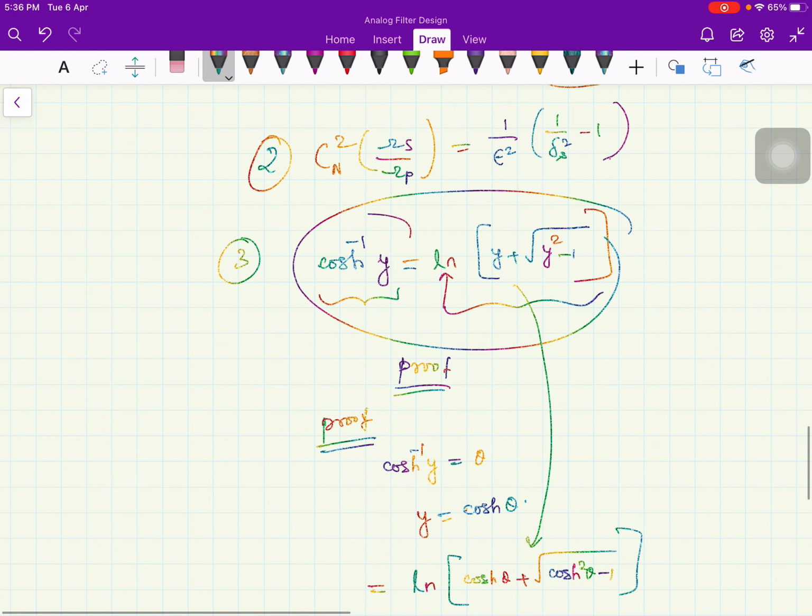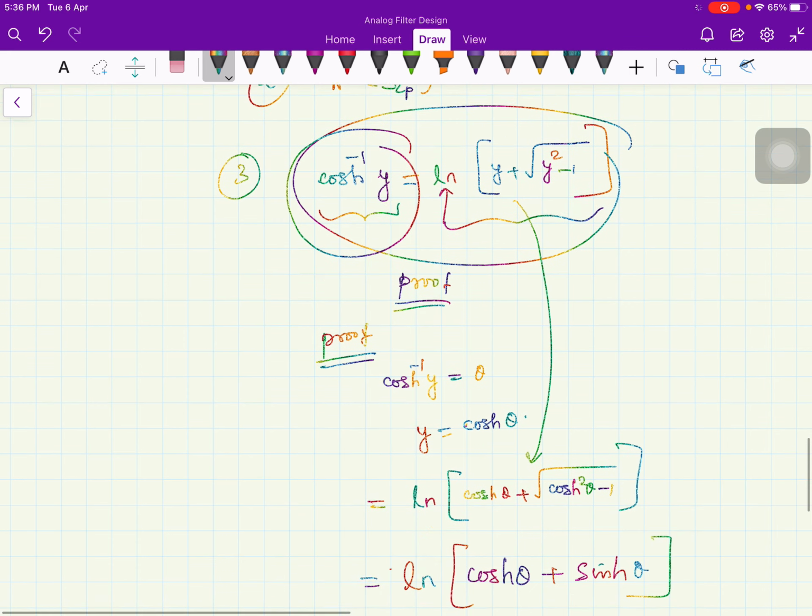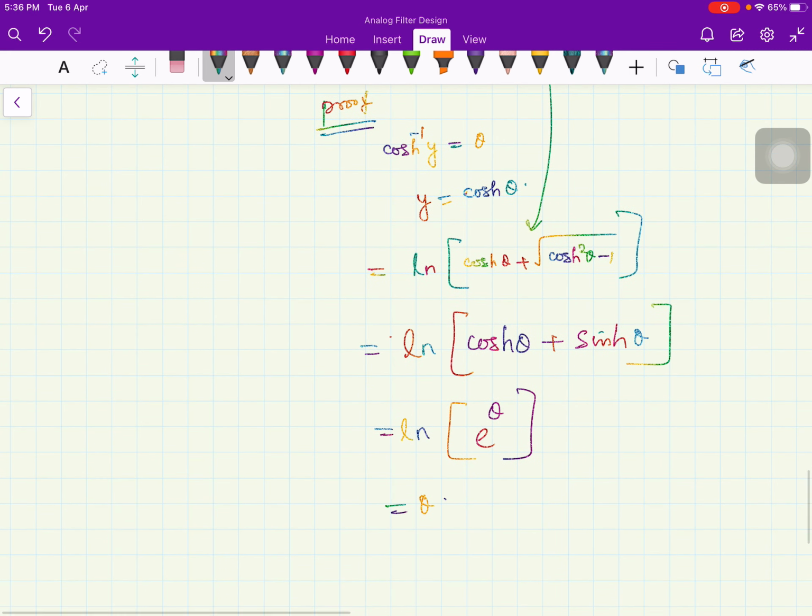What is there on the left hand side? Cos inverse of y, which is theta. So it's proved. It is a very simple proof.